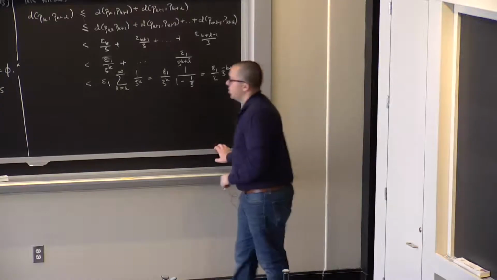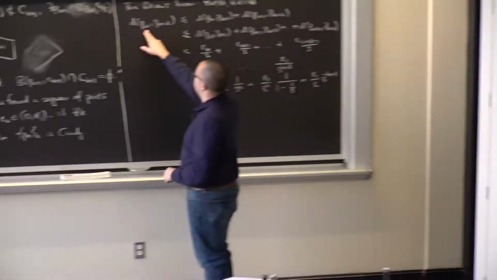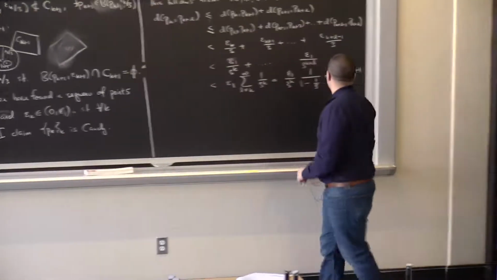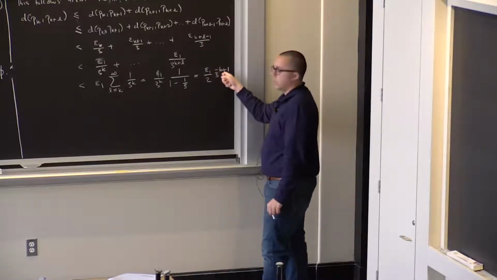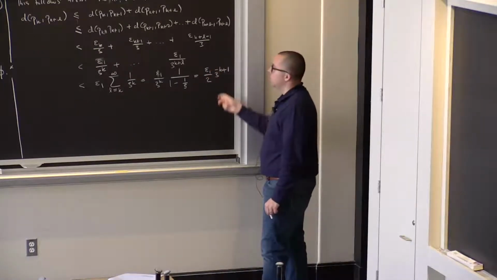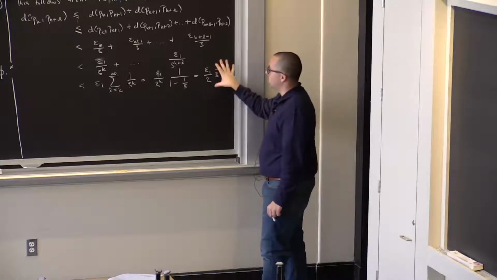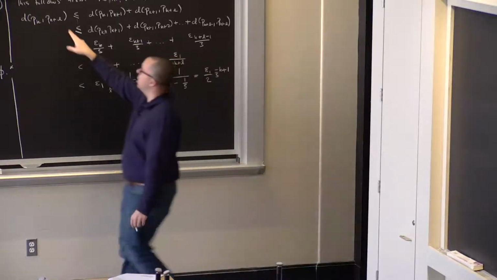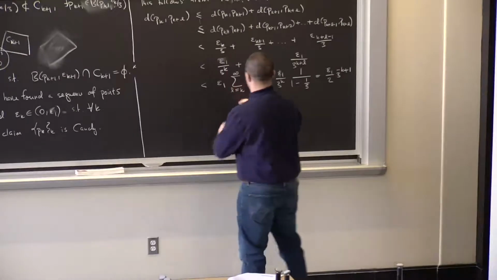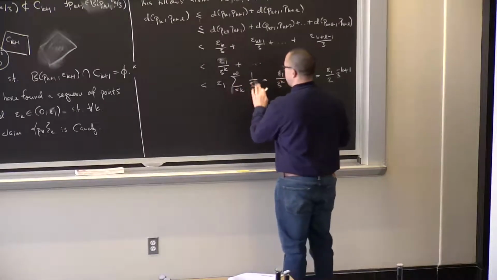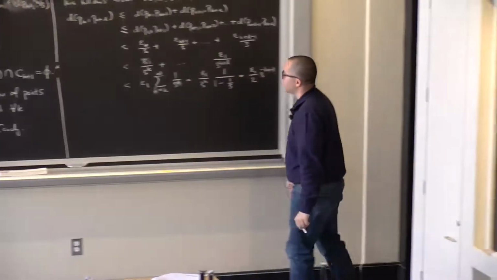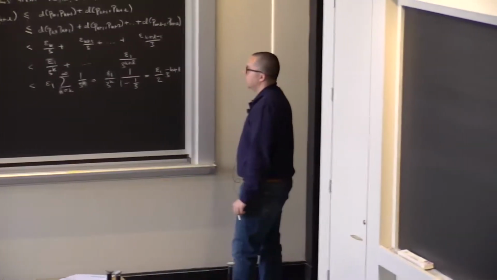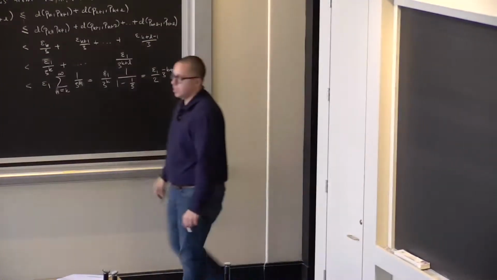Okay? So the distance between a point p_k and p_{k+L} is less than some constant times 3 to the minus k plus 1. So if k is very large, this is very small, independent of L. Okay, so I shouldn't have used L here. And that's m. Okay? So this shows that the sequence is Cauchy.